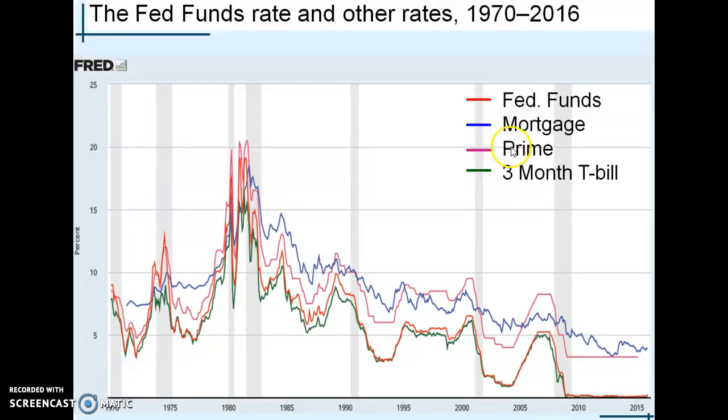Mortgage rates, prime, which is the interest rate that banks charge their best customers, and the 3-month treasury bill, which is the interest rate on a 3-month bond. So if you look at this, you can see that as the federal funds rate drops, all the other interest rates will drop in the economy. So the federal funds rate moves all the other interest rates in the economy.